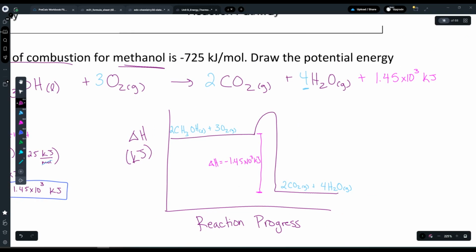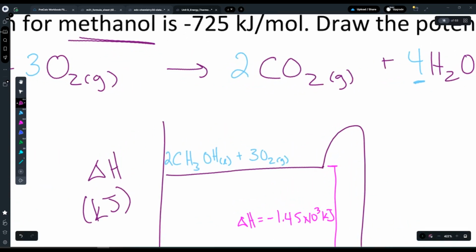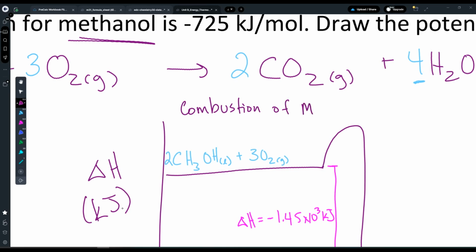Okay, and then last but not least, we need to make sure that we're giving this a title, so we're going to call this the combustion of methanol. Okay, so usually the title refers to what's happening in the reaction.